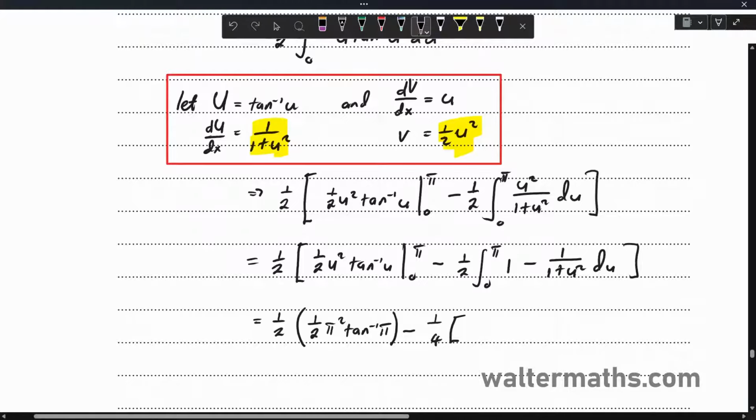integrating 1 with respect to u gives us u. And here, integrating 1 over 1 plus u squared gives us arctan of u. This, and that's 0 to pi. Okay.